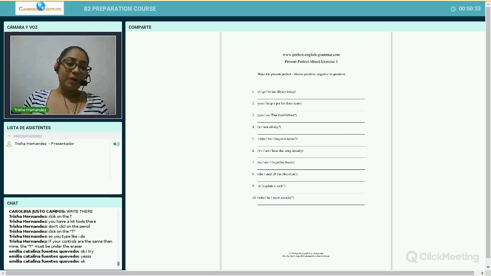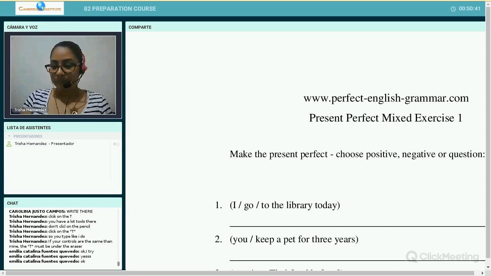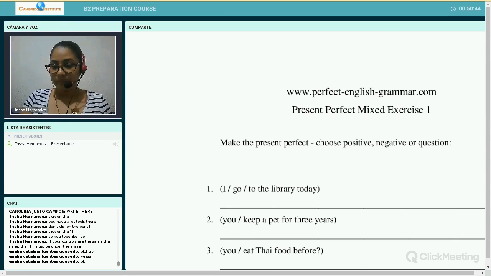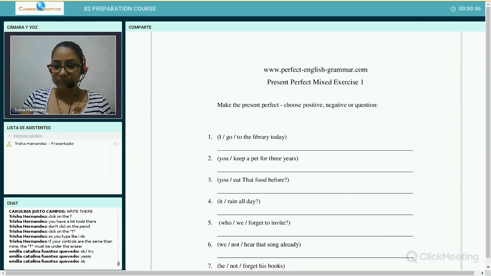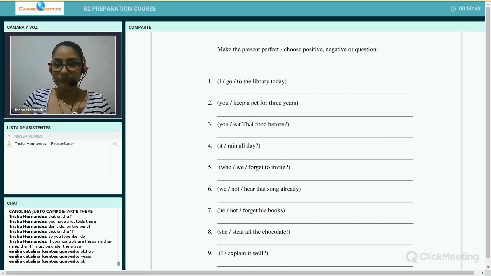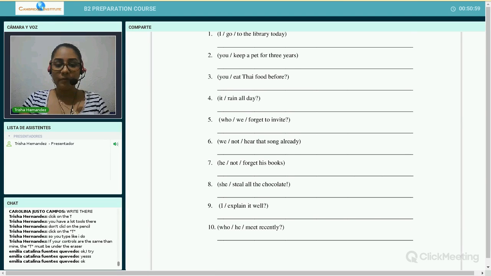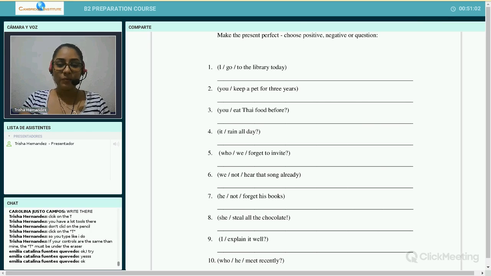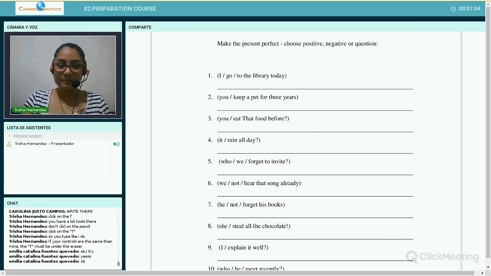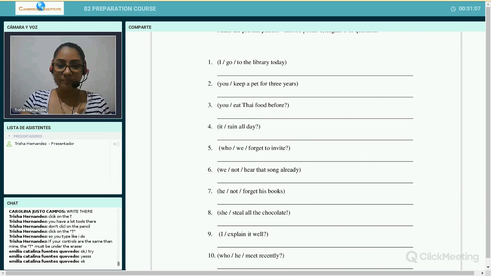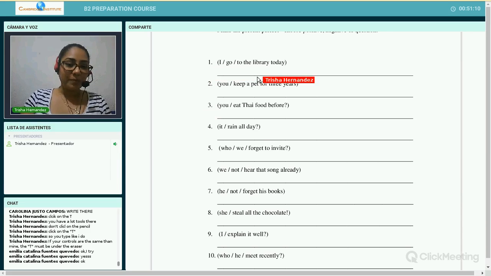I wish we could all answer it here, but we cannot do that. It says make perfect. Choose positive, negative, or question. We have 1, 2, 3, 4, 5, 6, 7, 8. We're only going to do the 7.